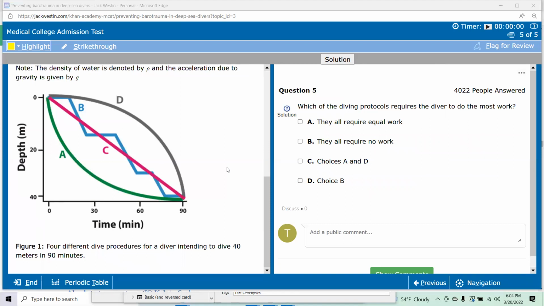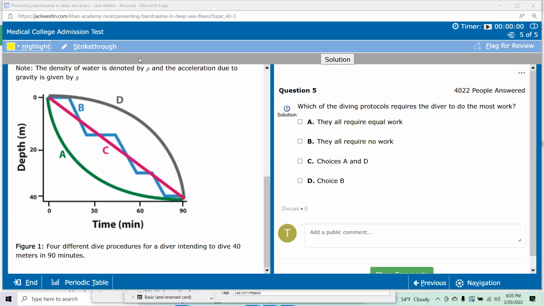But basically, what is work essentially? Force over area? No, isn't pressure force over area? I think we just talked about pressure equals force over area, right? And I think work is force times area.